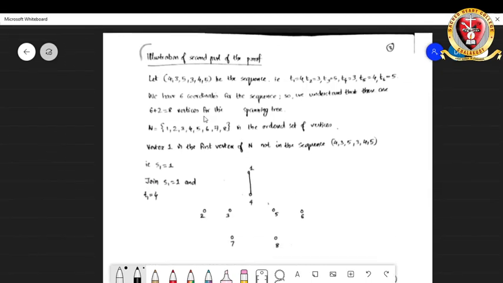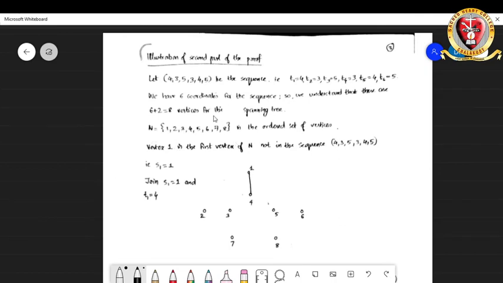Okay. To illustrate this portion of the proof, you are taking the same sequence we obtained earlier and going to form the same tree. So you have T1, T2, etc., T6 like that. Since we have 6 coordinates for the sequence, we should understand that 6 plus 2 is equal to 8 vertices will be there for the tree. So n is equal to 1, 2, 3, 4, 5, 6, 7, 8.